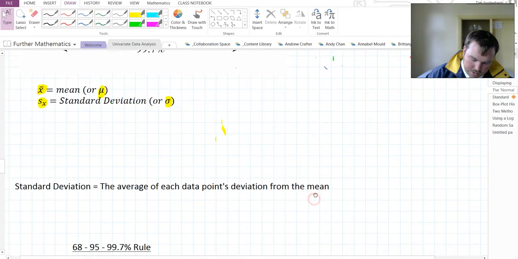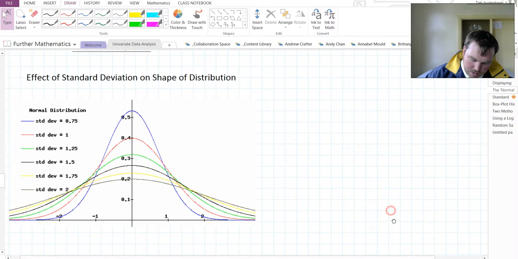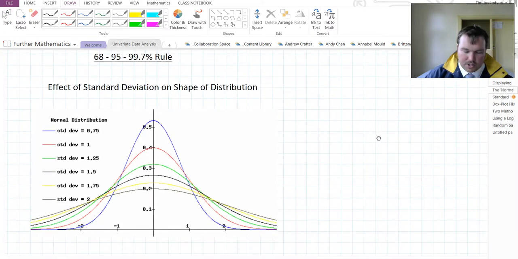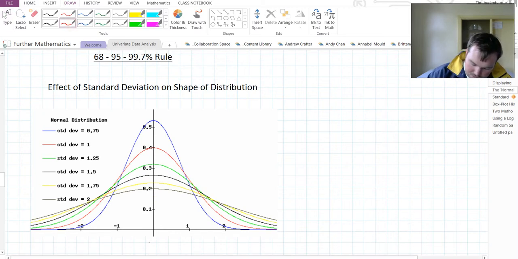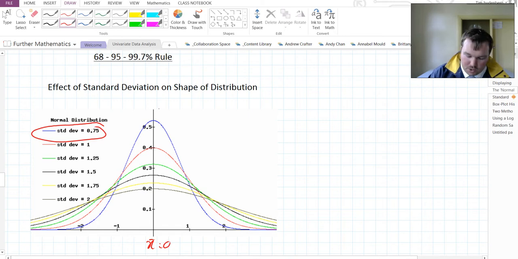So, how would this look when we change the distribution or change the standard deviation? Here, we have a mean of 0. And then we change our standard deviation. You can see a standard deviation here of 0.75 means the curve is much, much taller and thinner.